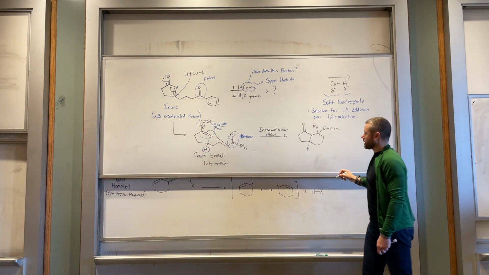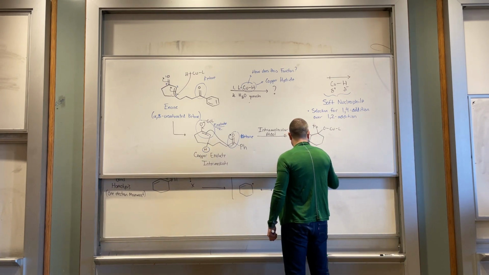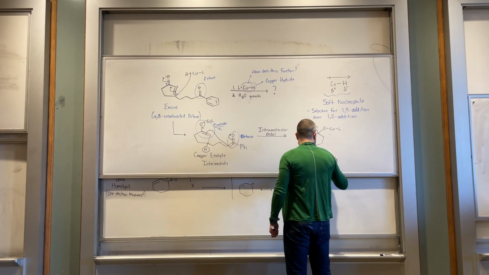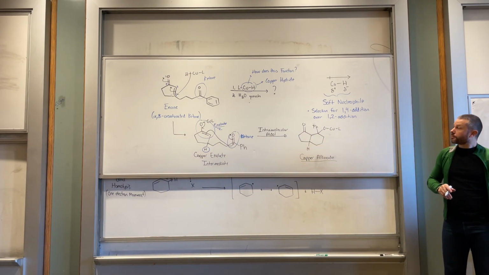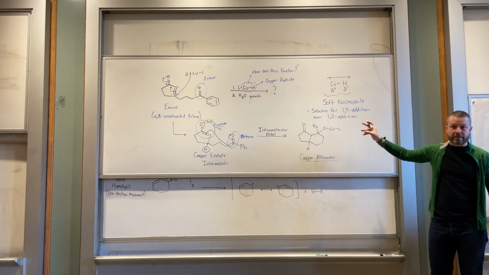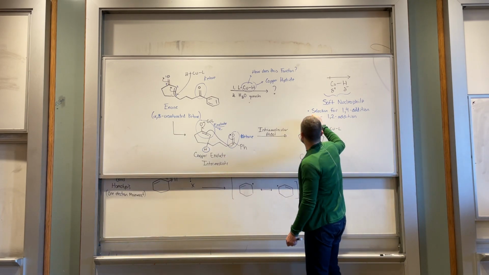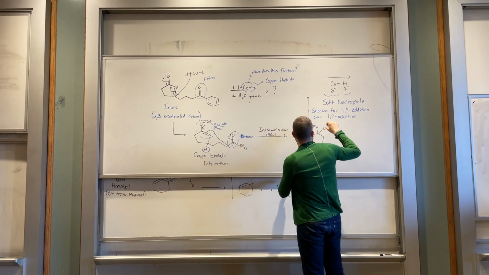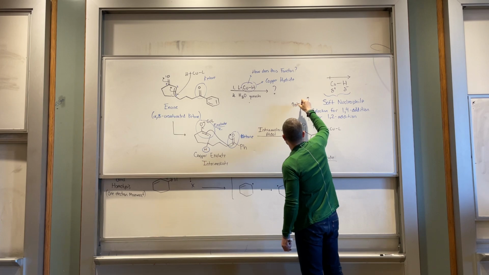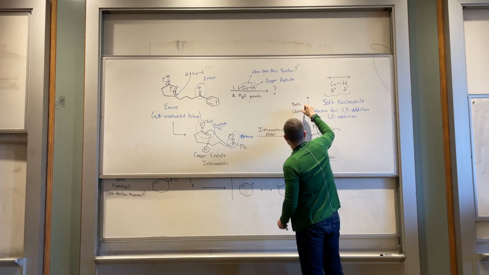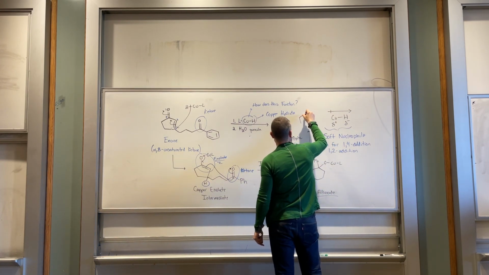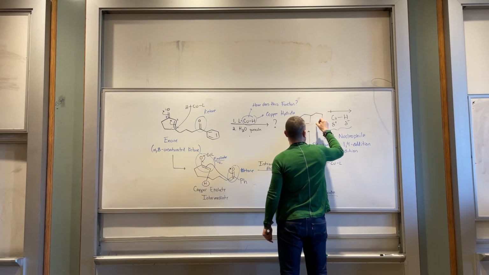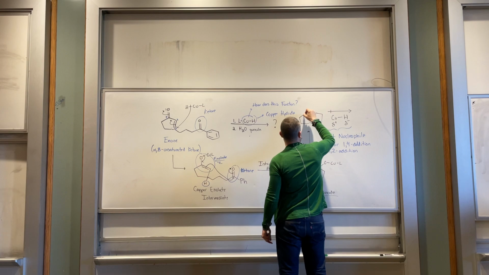All right, we form our copper alkoxide. Right, so the precursor to the alcohol. Okay, and at this point that reaction is done, right? Nothing else can really take place here. And so after a proto-quench, it's going to get us to our beta hydroxy ketone product.